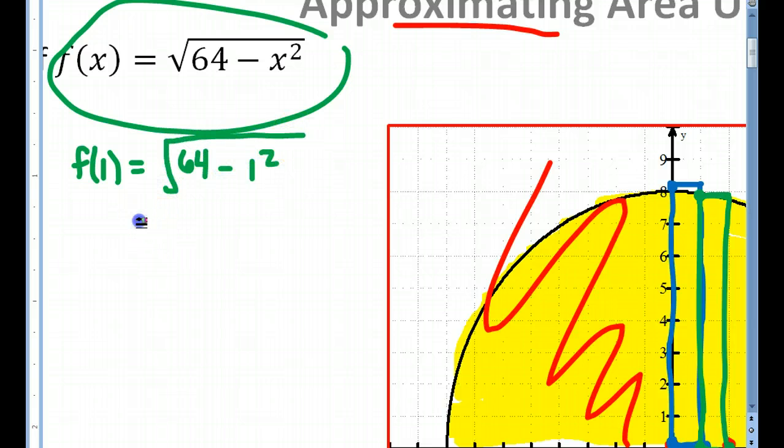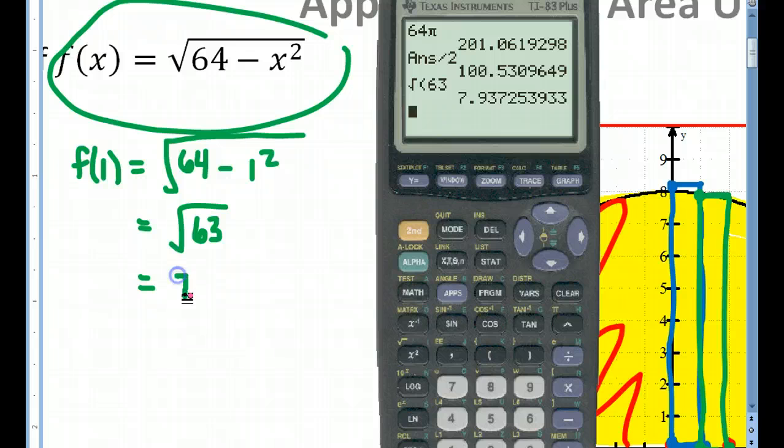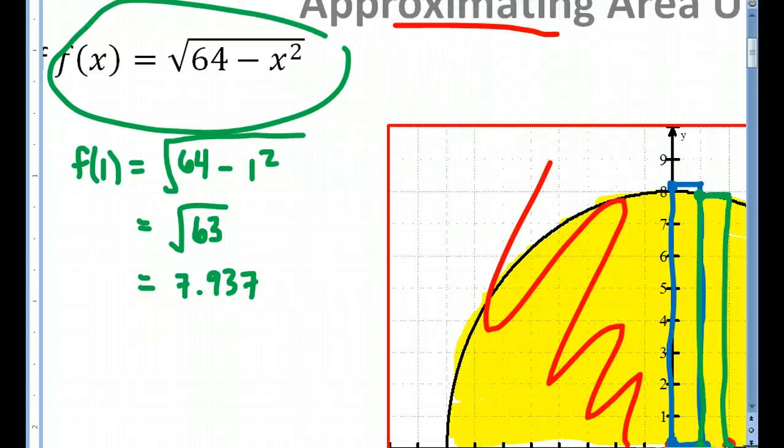So that would be the square root of 63, which is what? 7.937. Okay, so do you see the geometry behind this? The height of the rectangle is decided by this equation, because f is basically your y value, or the height of any of these rectangles.